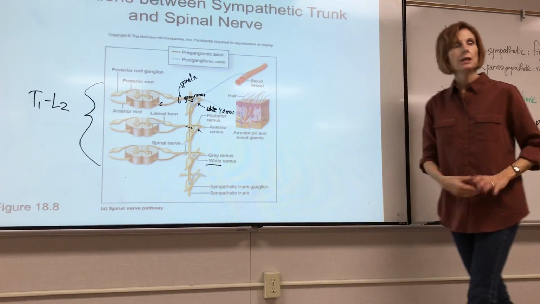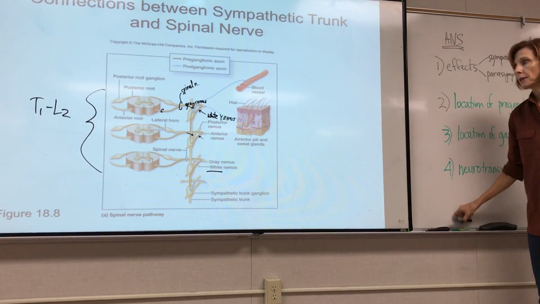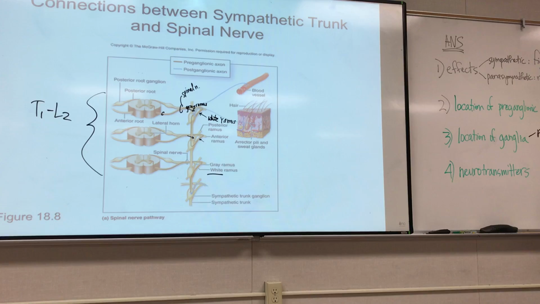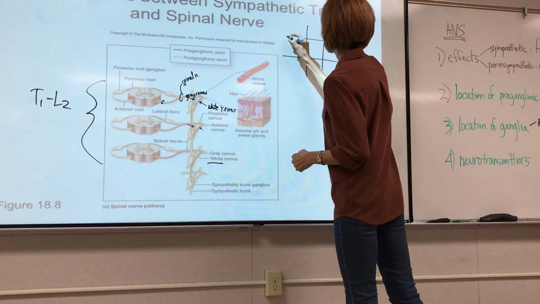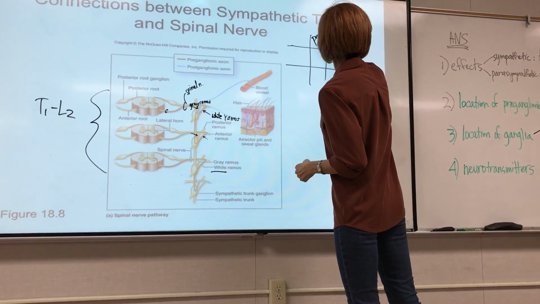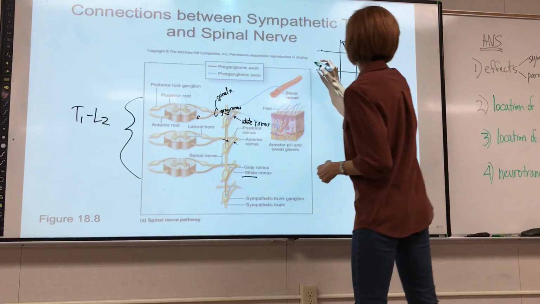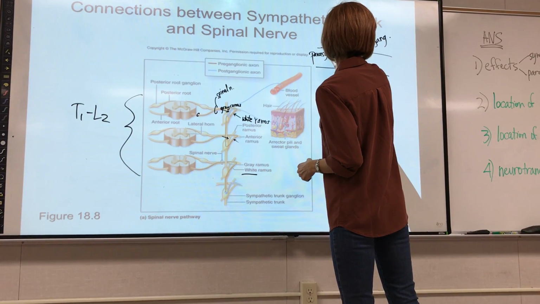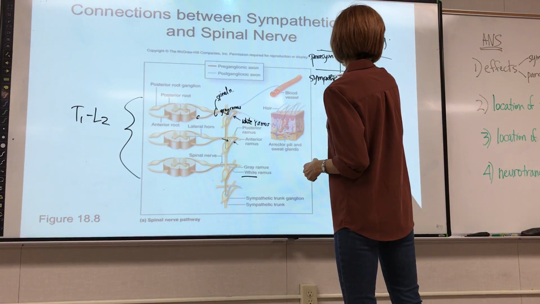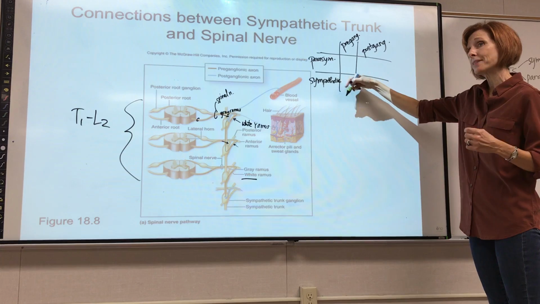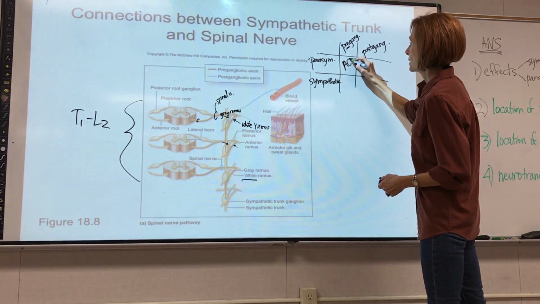That's it. Okay, so the neurotransmitters are actually super easy because most of the autonomic neurons secrete acetylcholine. Okay, so make a little table here. So let's talk about the preganglionic and postganglionic. Okay, and we'll put parasympathetic and sympathetic. Okay, so for both the parasympathetic and the sympathetic, the preganglionic neurons will all secrete acetylcholine.